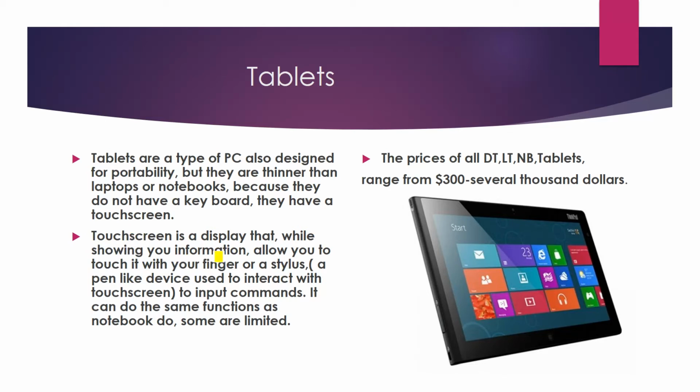A touch screen is a display that, while showing you information, allows you to touch it with your finger or a stylus. Now what is a stylus? A stylus is a pen-like device used to interact with a touch screen. Instead of using the finger, you can use the stylus to input commands. It can do the same functions as a notebook, though some are limited.